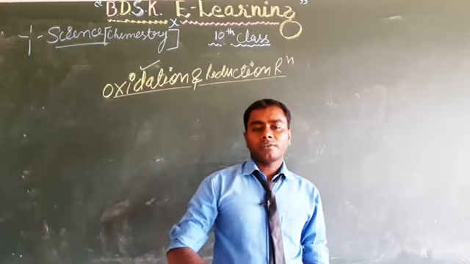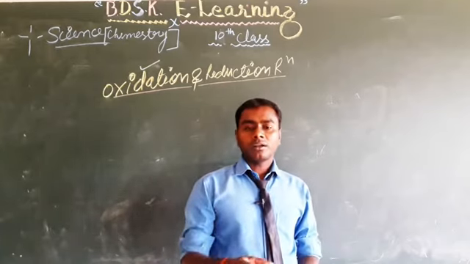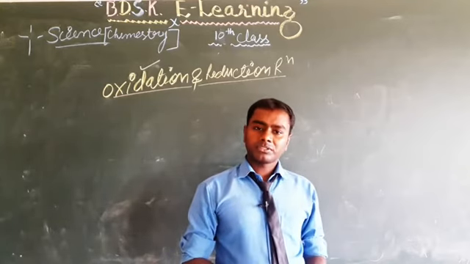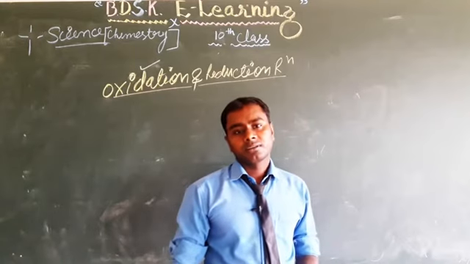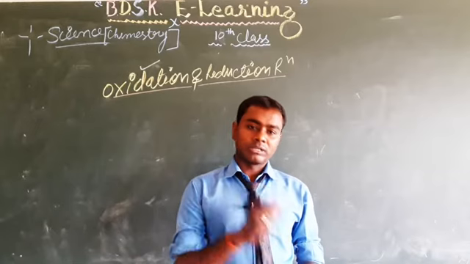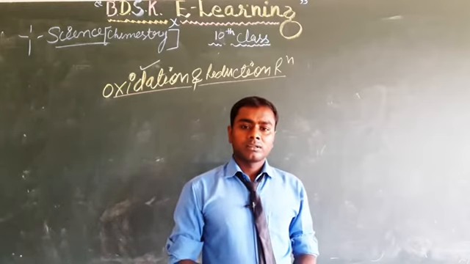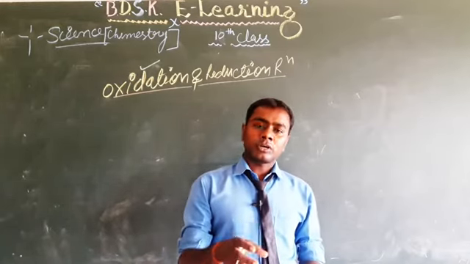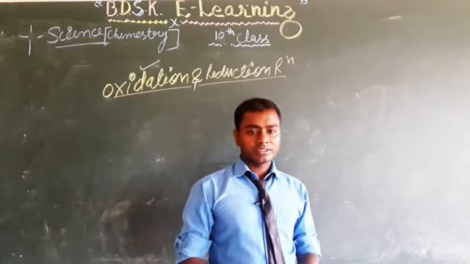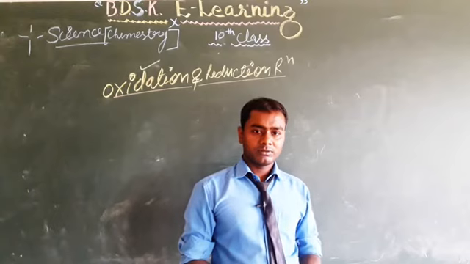The addition of hydrogen or removal of oxygen from the substance is called reduction. Okay, dear students, overall you can say that reduction is just opposite to oxidation, or oxidation is just opposite to reduction.